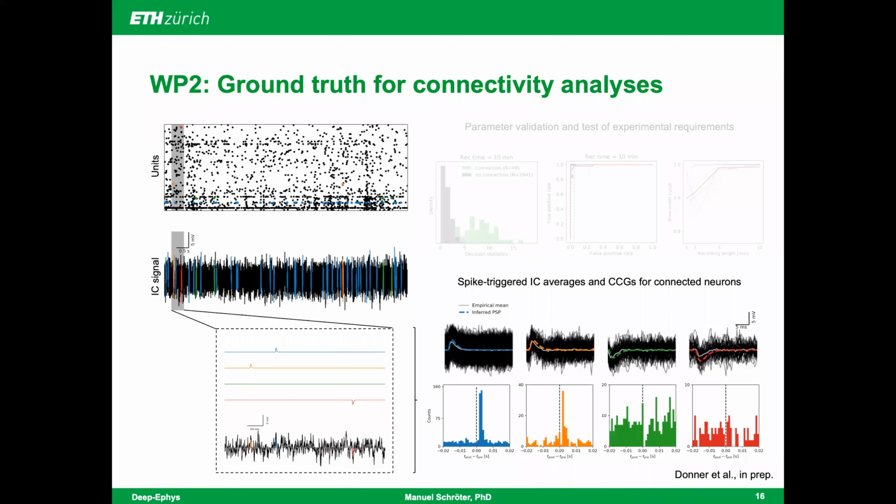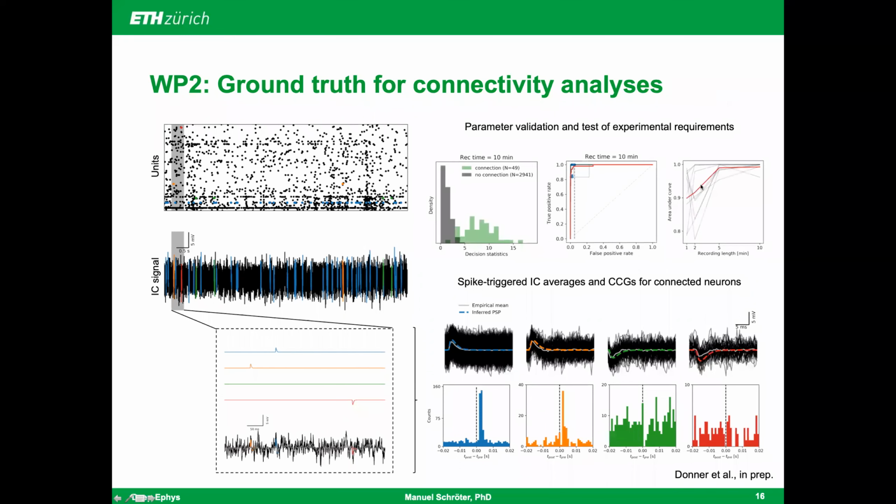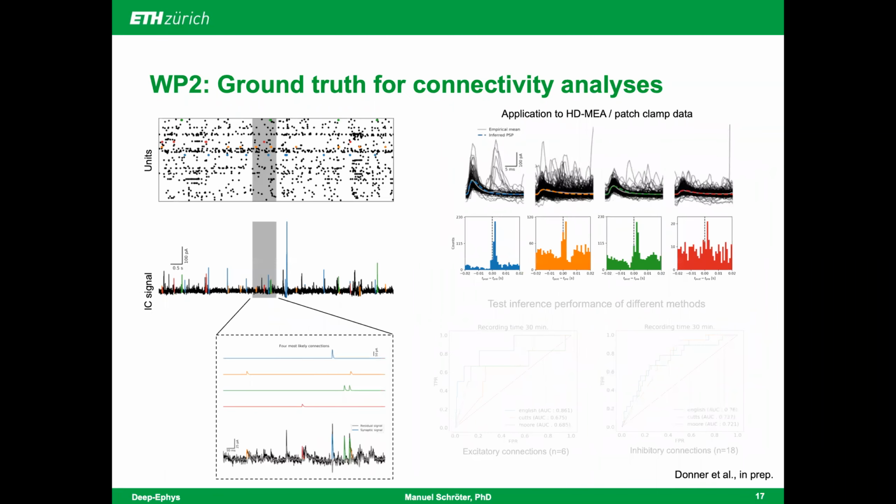Since this was all based on a model, we can then run some performance tests and ask which parameters or recording conditions affect the inference performance. So for example, recording duration. As a next step, we will apply this framework to actual experimental HD-MEA patch clamp data and thereby infer some empirical ground truth connections.